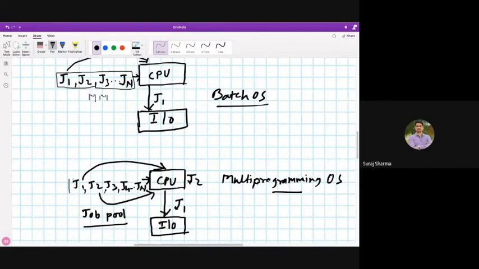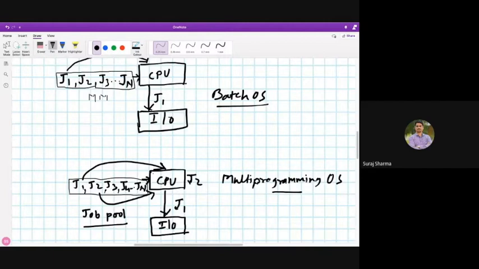I'll just draw the main memory. Job 1 will be executed in the CPU because it is first come first serve, right? Job 1 has come first, so the CPU will be given to job 1. And if job 1 requires any IO, it will go to the IO.